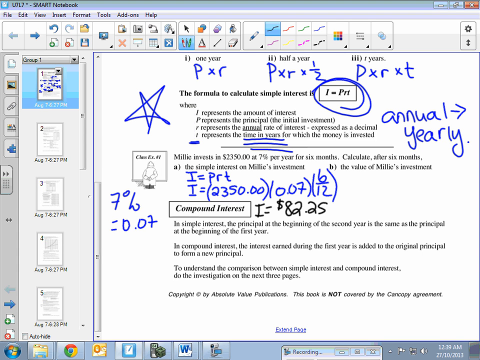Okay. So now if you're looking for the value on the investment in part B, all you want to do is take your initial investment and add it to your interest. So our initial investment was 2,350 plus 82.25.